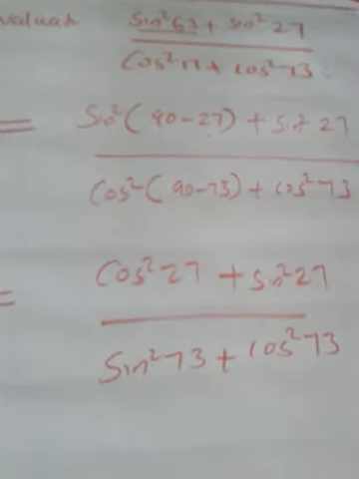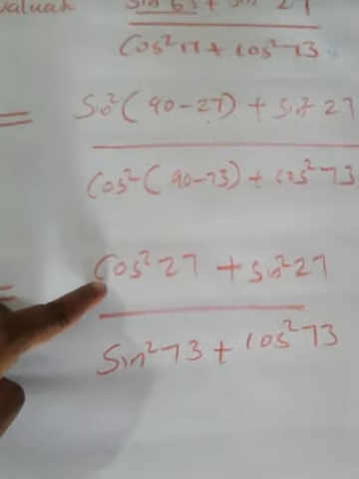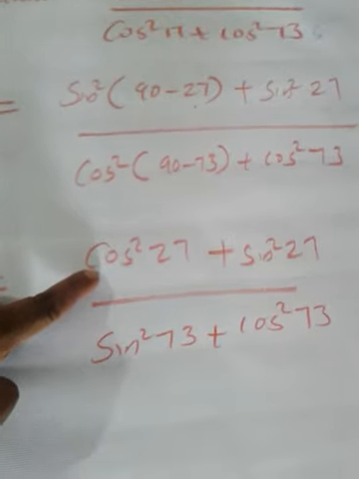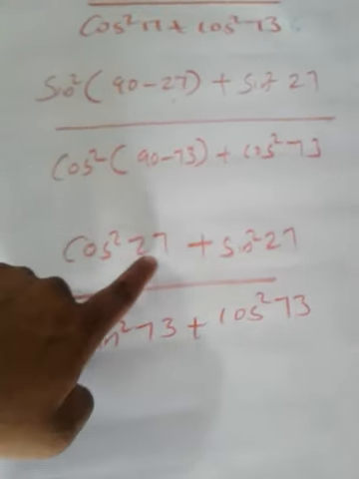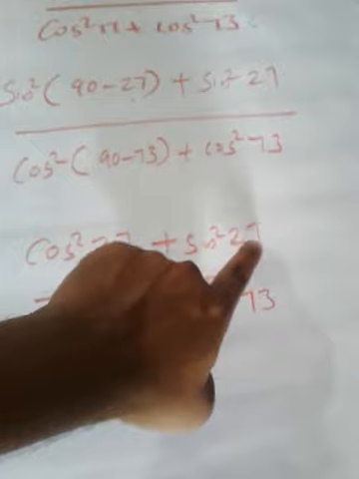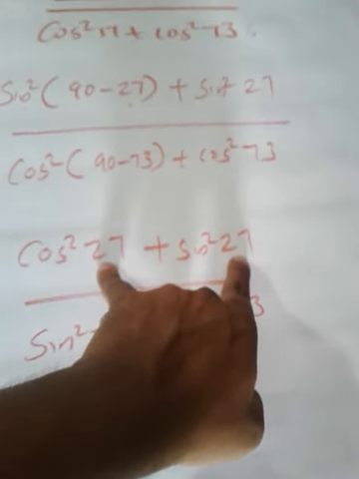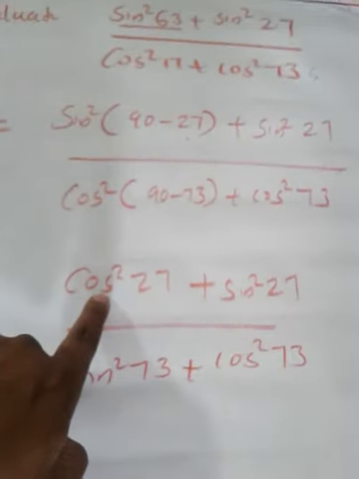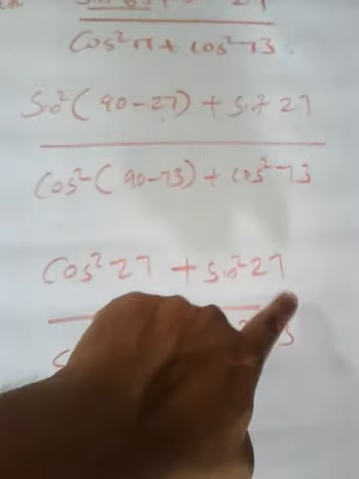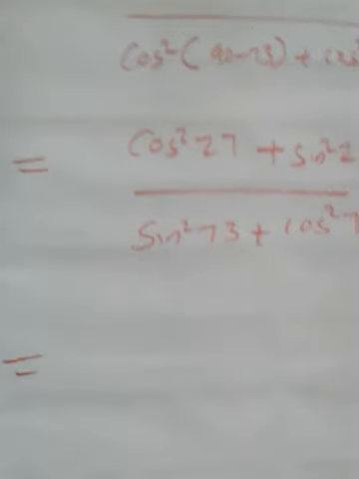Now let us see, in which identity form did it come? It is in the form cos square theta plus sine square theta. See, both angles are the same. What is cos square theta plus sine square theta? 1.